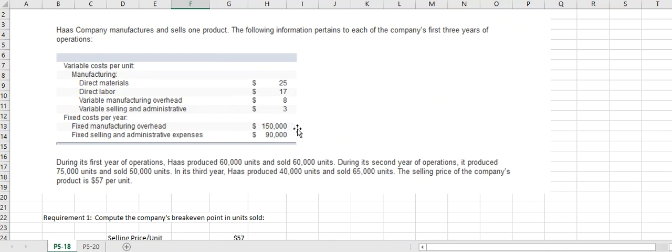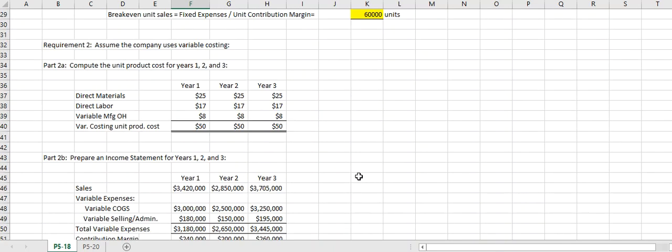So we're only considering fixed manufacturing overhead. Fixed selling and administrative expenses we don't include in the calculations when we're using absorption costing, at least at this point, because we're calculating the cost of our product, and selling and administrative expenses are considered a period cost. So we've got to work with this $150,000 fixed manufacturing overhead.